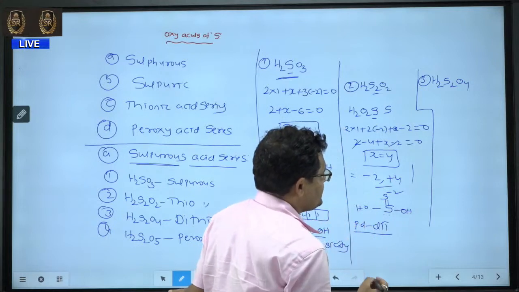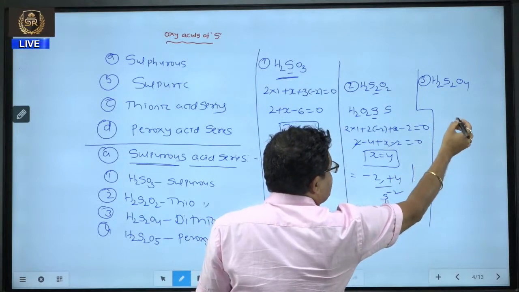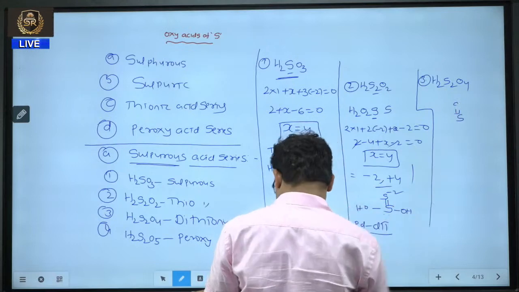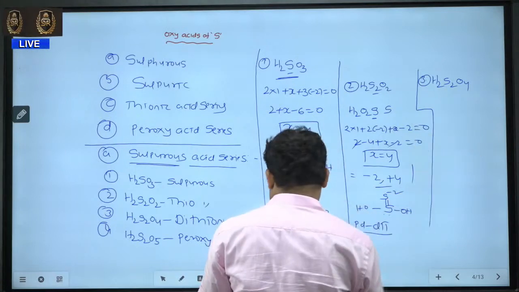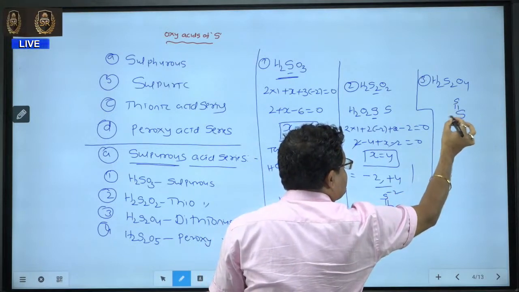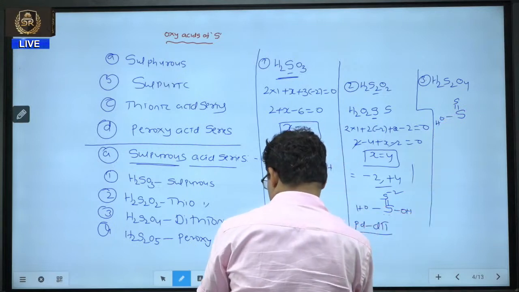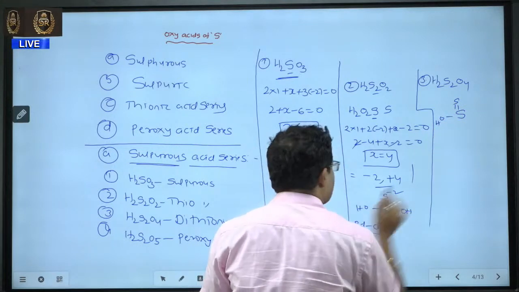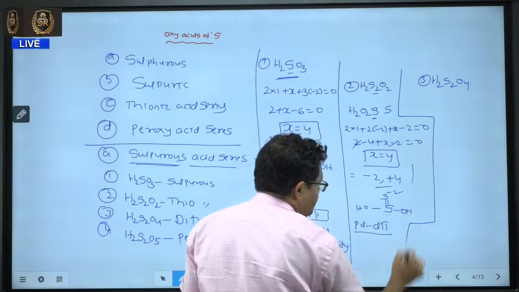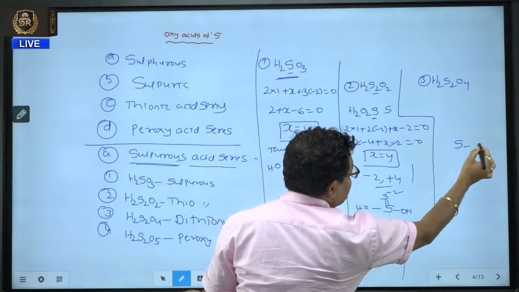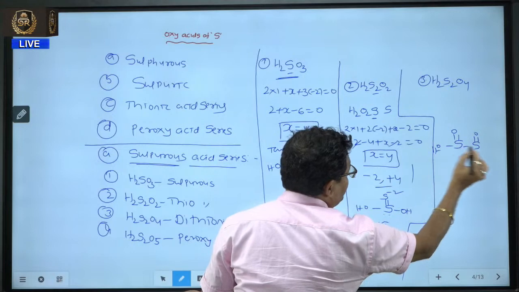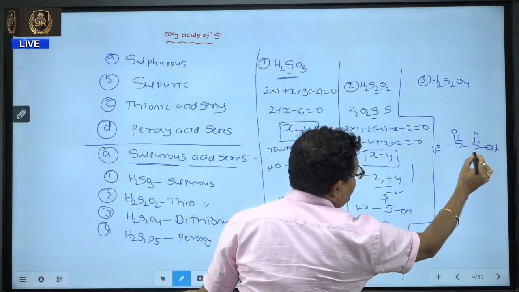H2S2O4. Of course, first we find the oxidation state. So the structure is basically like this: S double bond O, OH, lone pair.